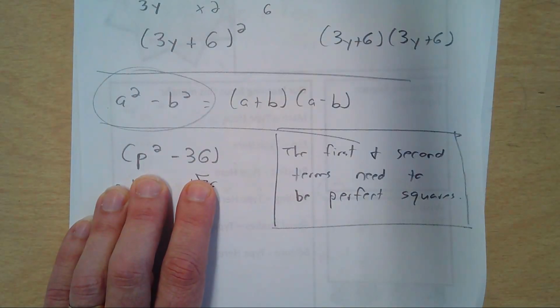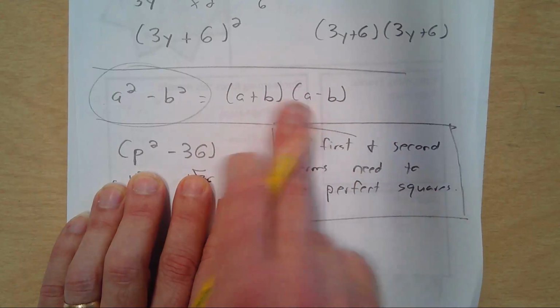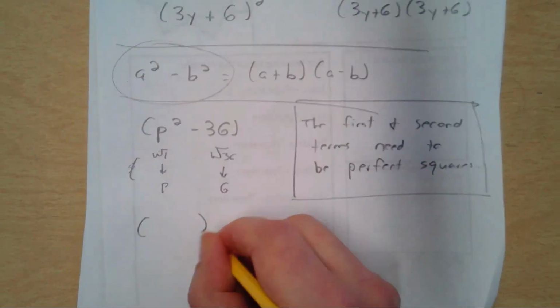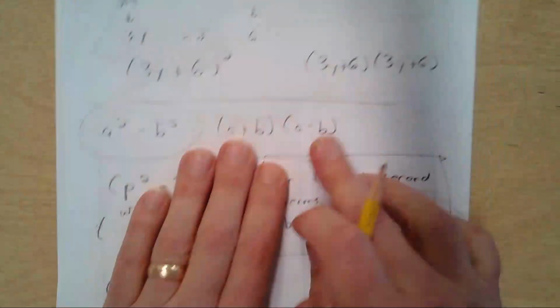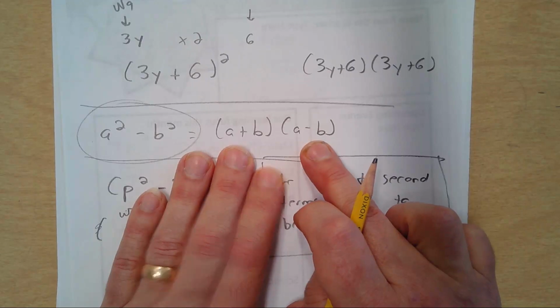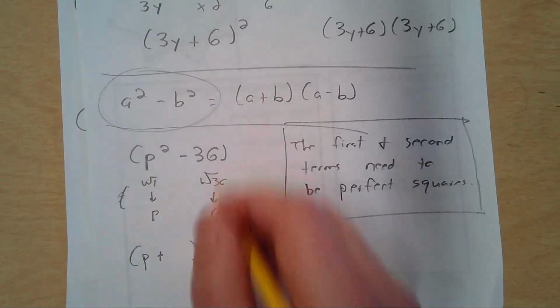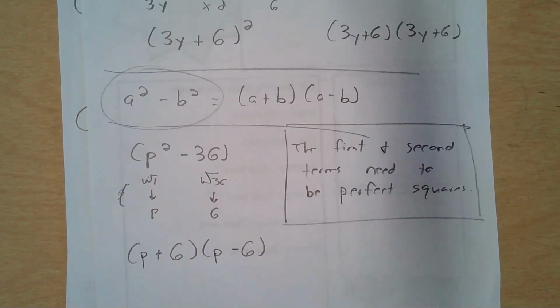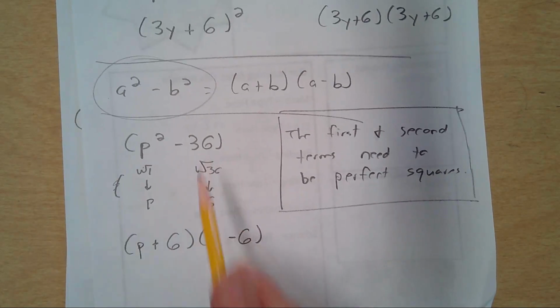They're both perfect squares, so what's my format? They're gonna be the exact same values. So I'll have a p, but the difference will be one will be an add, one will be a subtract of the exact same number. And in this case, it'll be 6, because a positive 6 times a negative 6 gives me negative 36.